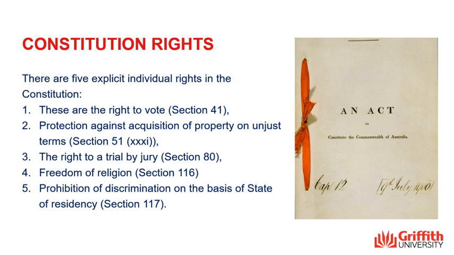That's in section 51, placitum 31. The right to trial by jury, which is section 80. Freedom of religion, section 116. And the prohibition of discrimination on the basis of state of residency, which is section 117.